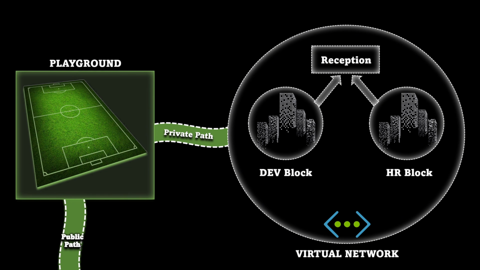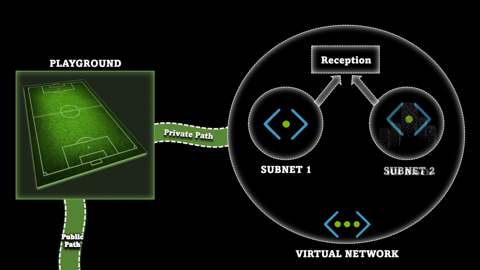Okay, now as discussed earlier, we may have multiple buildings inside a company, and these buildings can be replaced with something called subnets. Say, for example, the dev block can be replaced with subnet 1, and the HR block can be replaced with subnet 2. So basically, a subnet is simply a way to divide a larger network into smaller, more manageable sections.